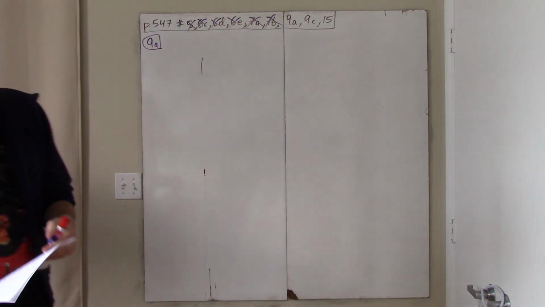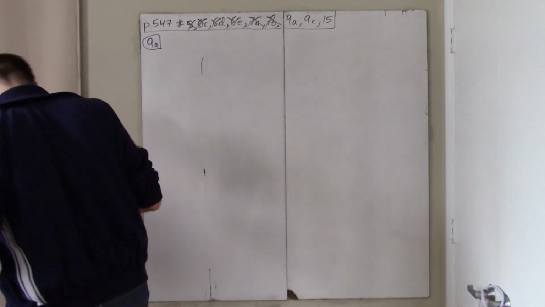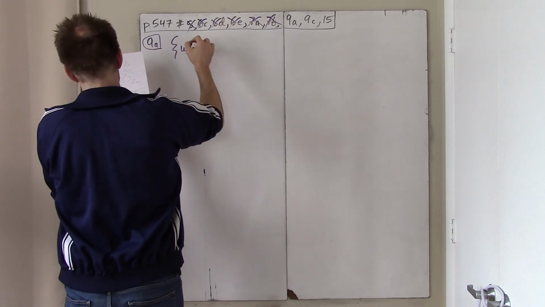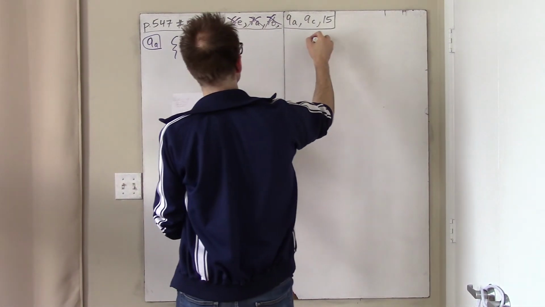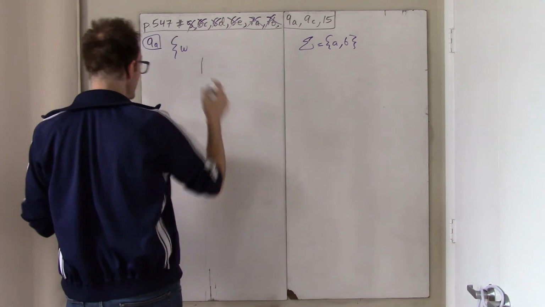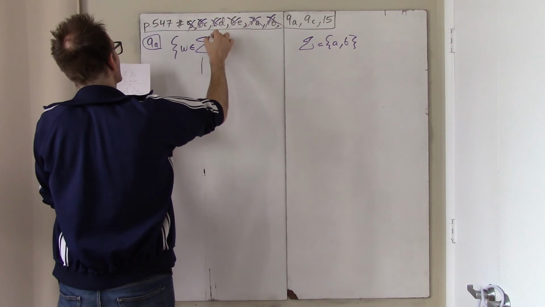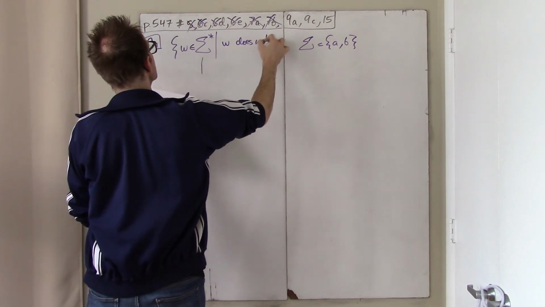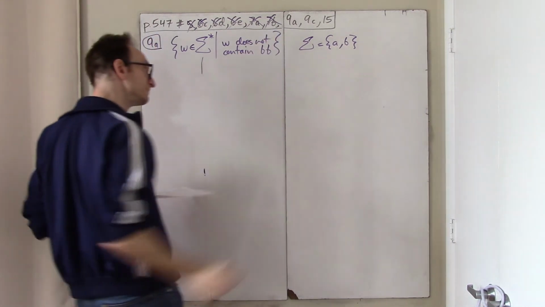9a says, let's consider the following language where, first, sigma is composed of A's and B's, or the alphabet is A, B, and let the language be all the strings over that alphabet where W does not contain the BB substring.